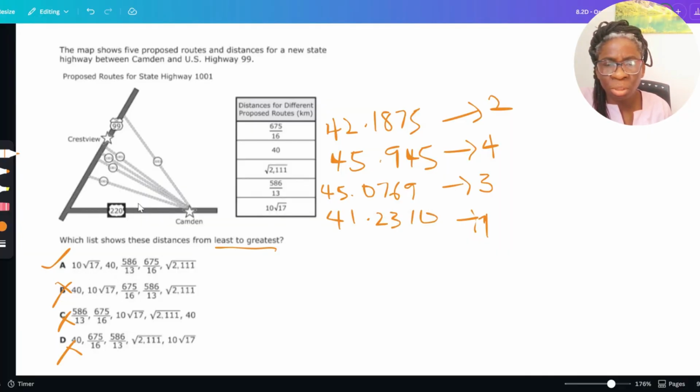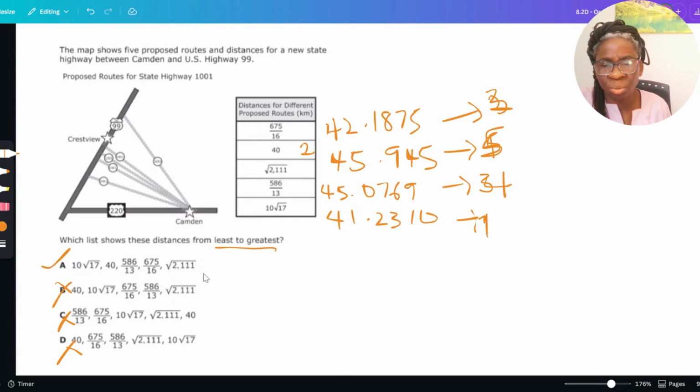The second one is 40. Sorry, I've omitted this one. This is number 2, so this will be number 3, this will be number 4, and this will be number 5. Number 2 is 40. 586 divided by 13 is number 3. What am I doing?